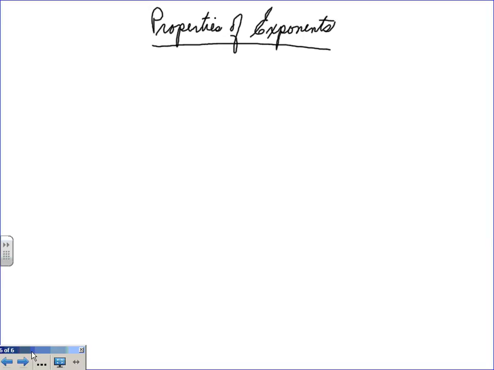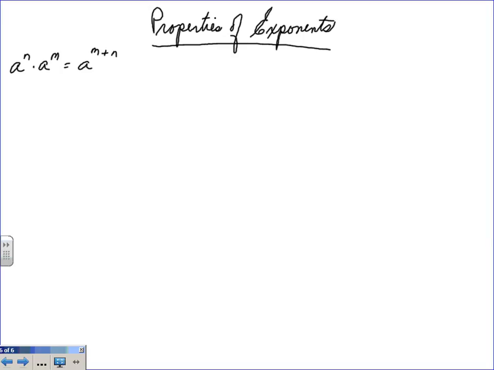All right, properties of exponents. First property we're going to talk about. If I have a to some exponent, let's call it n, and I multiply by a to the m, I can write that as a single unit, and that would be a to the m plus n, or n plus m, either way.